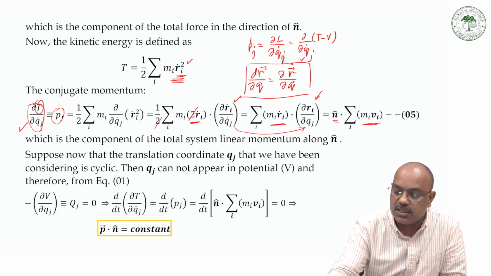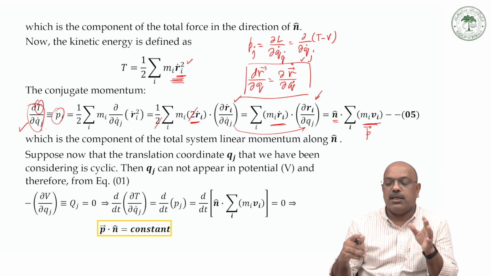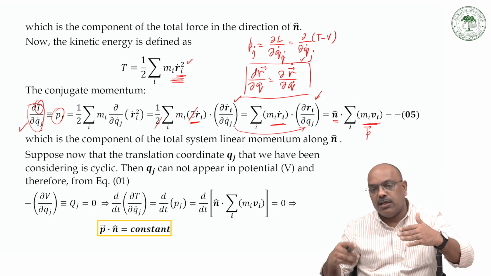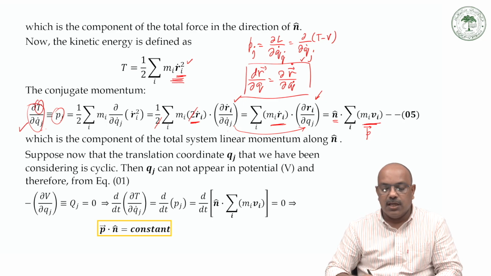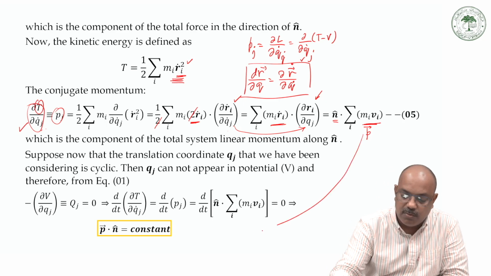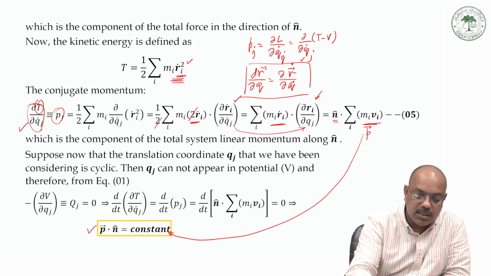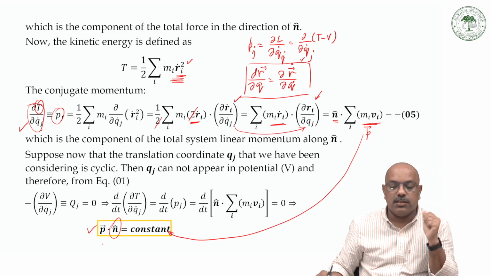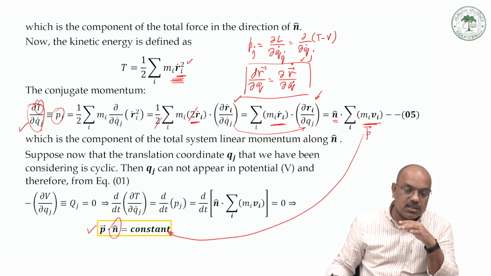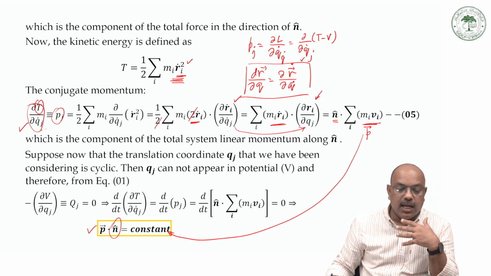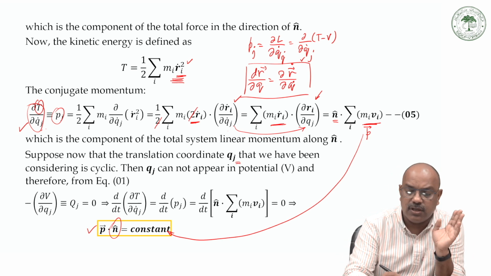So this is the linear momentum of all the particles, and if you sum over each and every particle, finally what you get is that the total momentum in the direction of the translation is going to be constant, because you have put in the condition that q_j is cyclic.